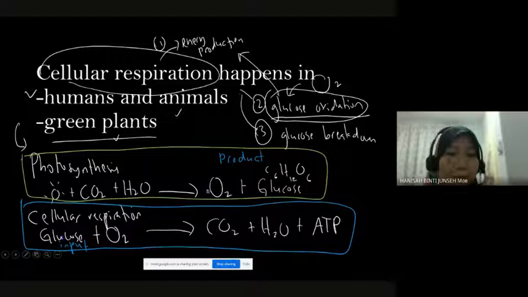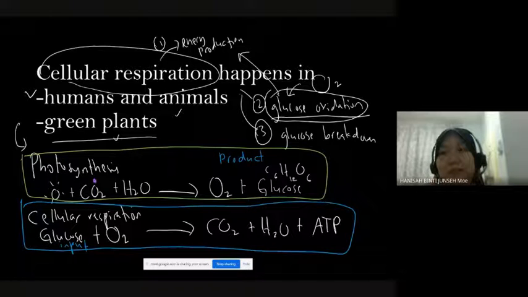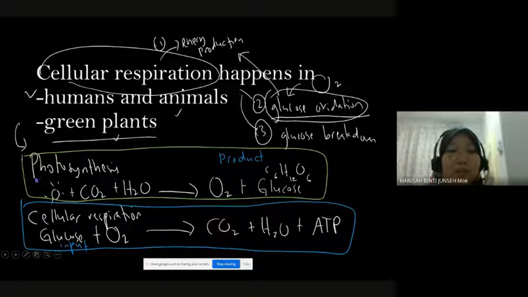Boleh nampak kah? Maksudnya, in plants, whatever they produce in photosynthesis, the plants will use it back in cellular respiration. Itu yang teacher mau tunjukkan lah. Plants do these two processes, photosynthesis and cellular respiration. In photosynthesis, the products are glucose and oxygen. But during cellular respiration, plants also use back the glucose and oxygen.